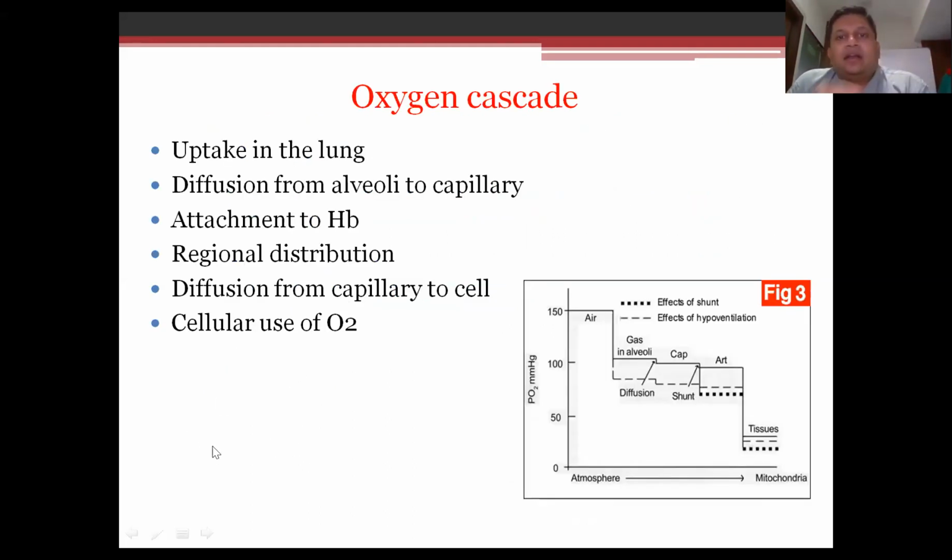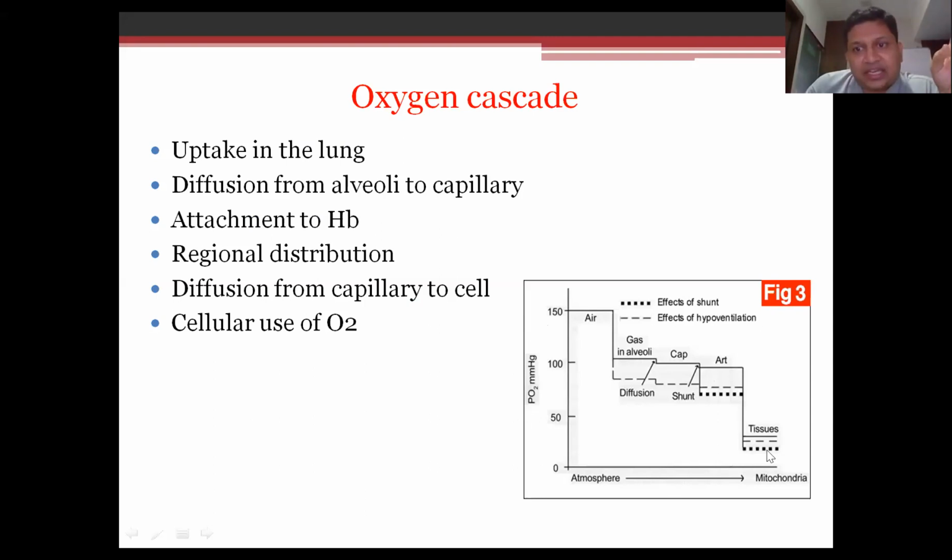Oxygen cascade. Now how the respiratory system works: it will take the oxygen from the air and provide it to the tissue, the mitochondria. So that full supply of oxygen from air to the tissue is called the oxygen cascade. As we know, there is 150 mmHg of partial pressure of oxygen in the air.